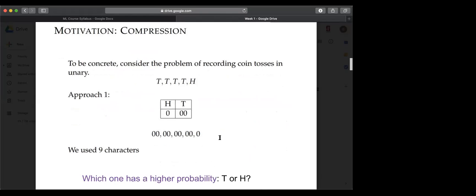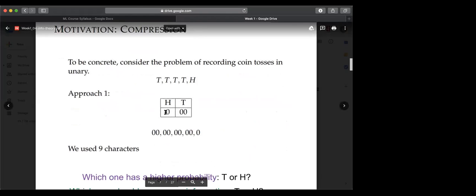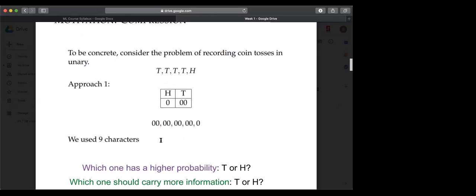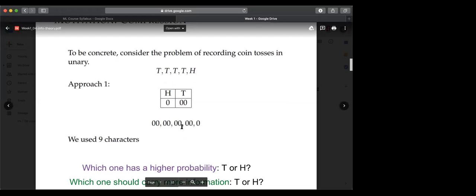Here heads is 0, tails is 00, but tails is happening 4 out of 5 times. So for this encoding approach you would have a total of 9 characters, where each number is a character. You're taking 9 characters to represent 5 events.